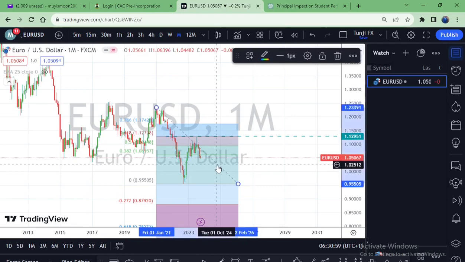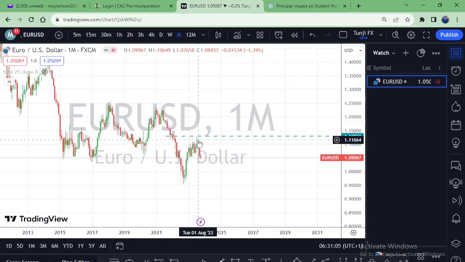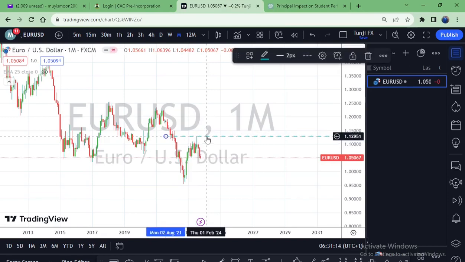So at 0.618, you can see the market easily touched, then dropped. So going forward, we'll be looking for a selling opportunity.